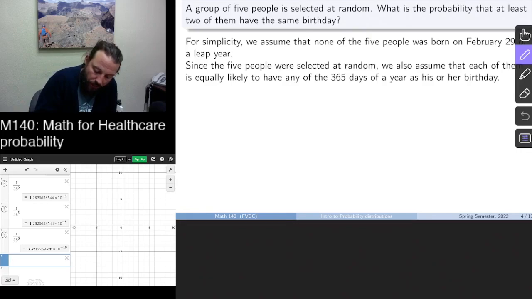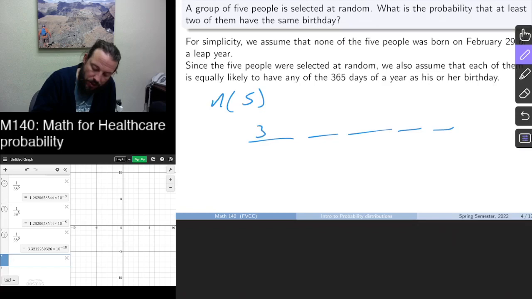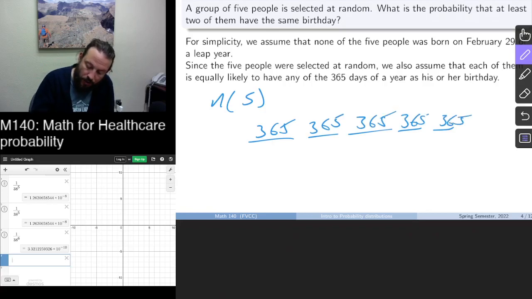So what do we have? For the size of our sample space, we have 1, 2, 3, 4, 5 people, 365 for each person, right? That's all the possible birthdays that we get. This is 365 to the 5th.